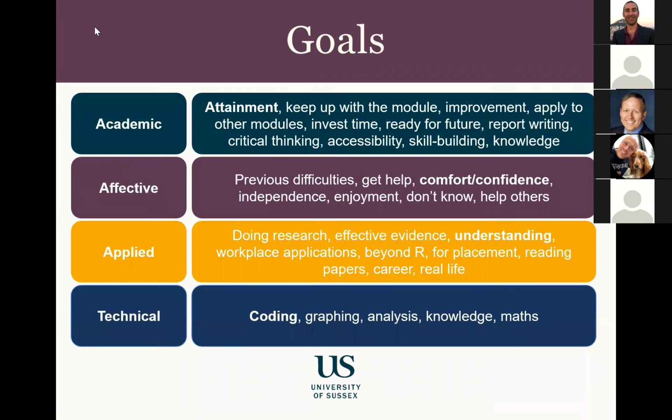Again, a very busy slide that I'm not going to read out in full, but based on my coding system, basically 4 really key themes came out of that. Academic; affective, having to do with emotions or difficulties; applied, so doing things beyond the academic context into other contexts; and then technical, in terms of actually applying that knowledge to particular tasks.